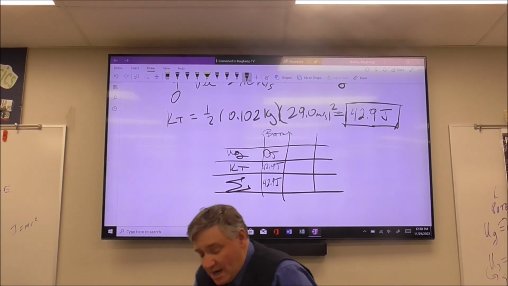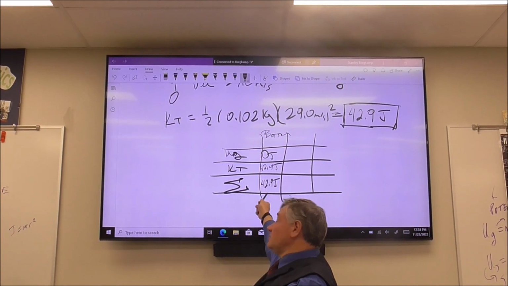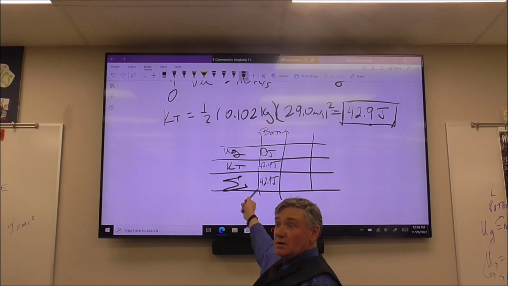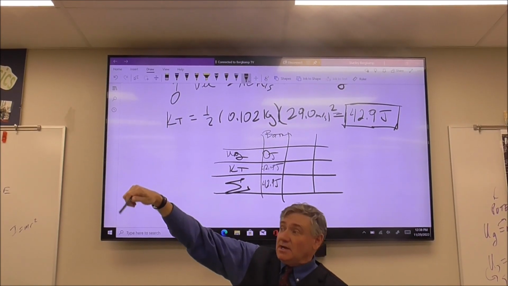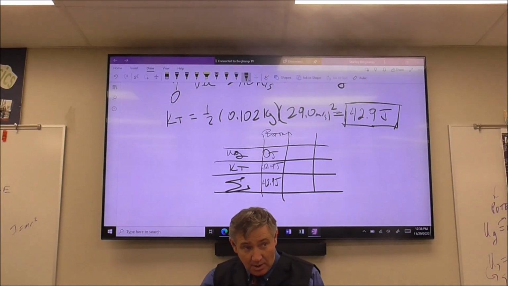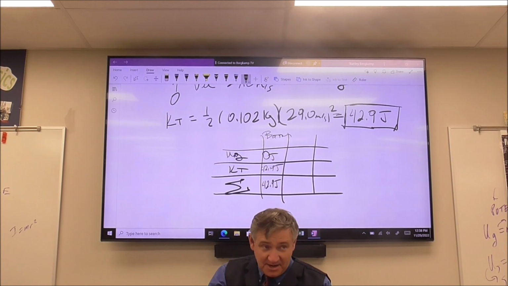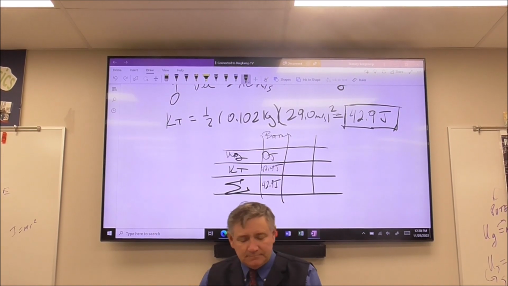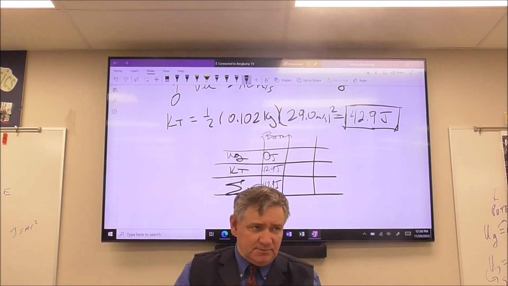This is why you double check that you did this calculation right. Because if this number is wrong on that pure form of energy, whether it's UG or kinetic, it doesn't make any difference. If this number is wrong, everything else is going to be wrong. Literally everything you do is going to be jacked up from there on out. Okay. So I got 42.9 joules of energy.